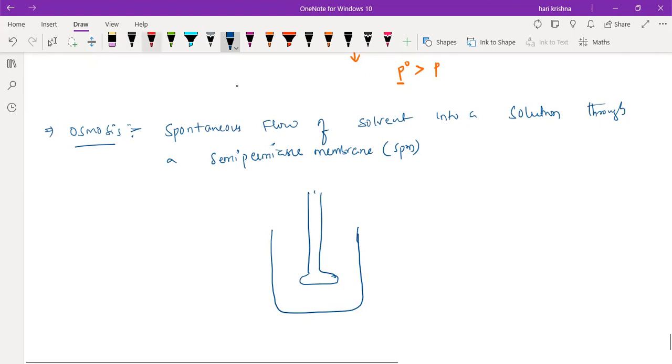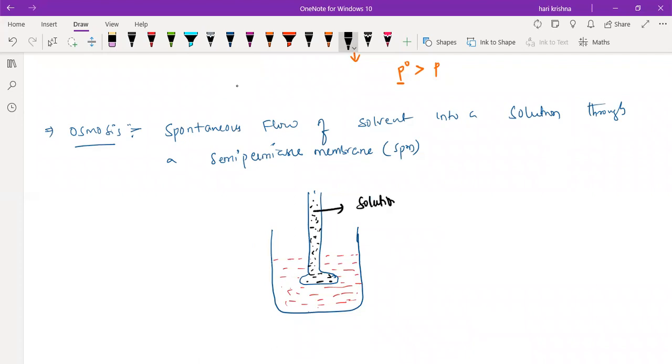So the solvent is in the beaker, and the solution is in this container. Okay, so this is the solution, this is the solvent, and whatever you see here is the SPM, the semi-permeable membrane.